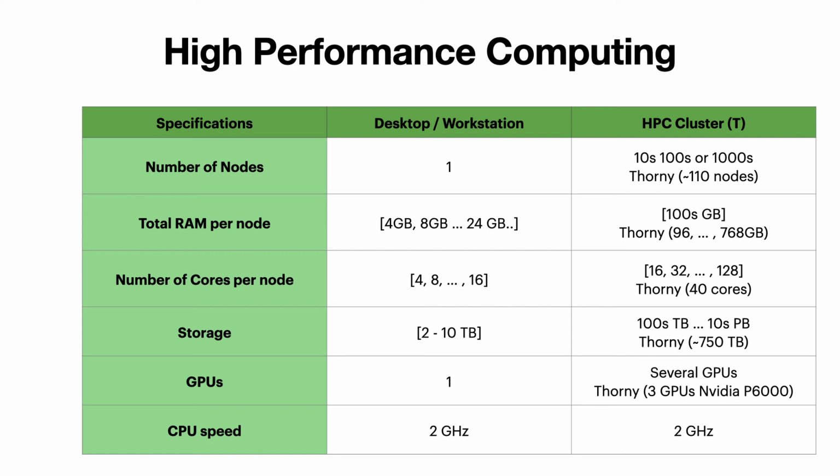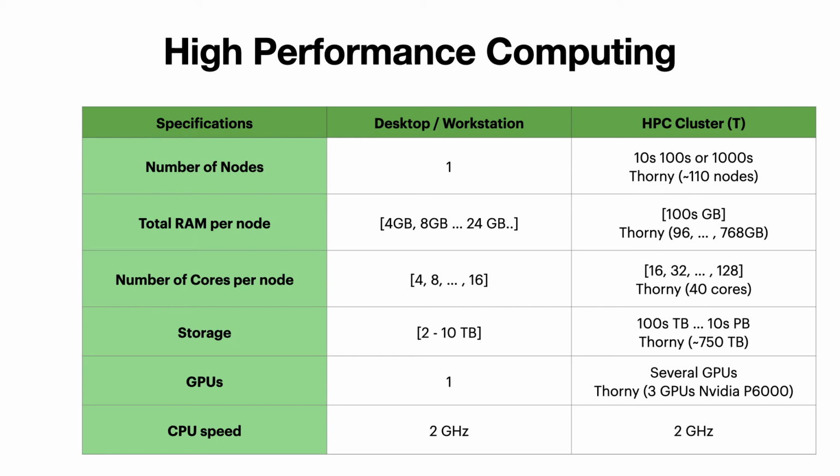And GPUs. On your computer, you probably have one GPU. And that GPU is dedicated to graphics. So if you use that computer for 3D modeling or for gaming, that is what this GPU is meant to do, computing all the graphic processing for the machine.